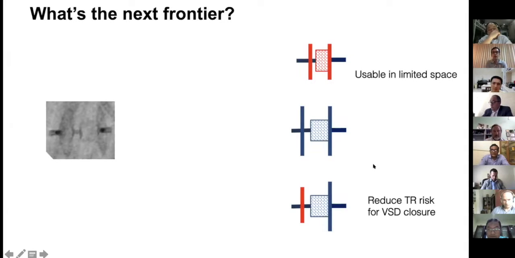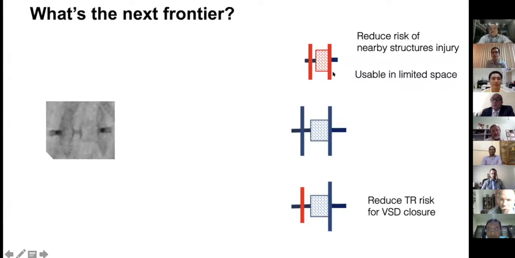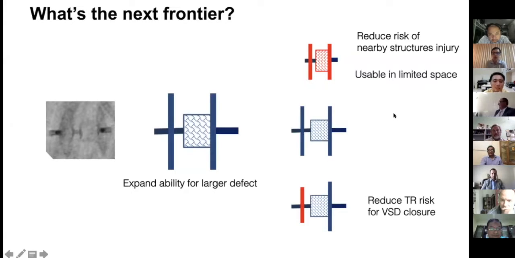Or if we deal with a small child in a very limited space, if we can have a device which is a bit shorter than 4 millimeter, maybe 2 to 4 or 2 to 3, together with smaller discs on both sides, and then even reduce the risk of nearby structure injury from the hub by reducing the size of the hub, that would be the perfect device.